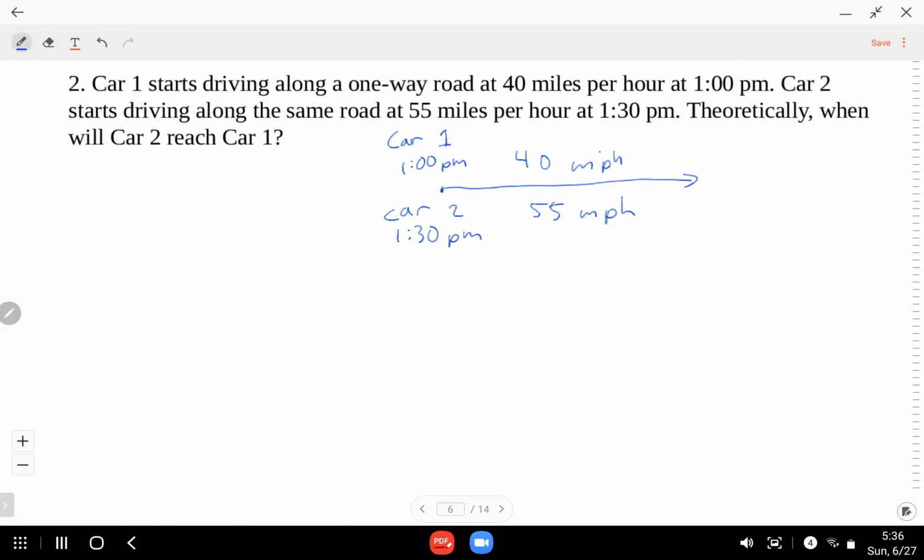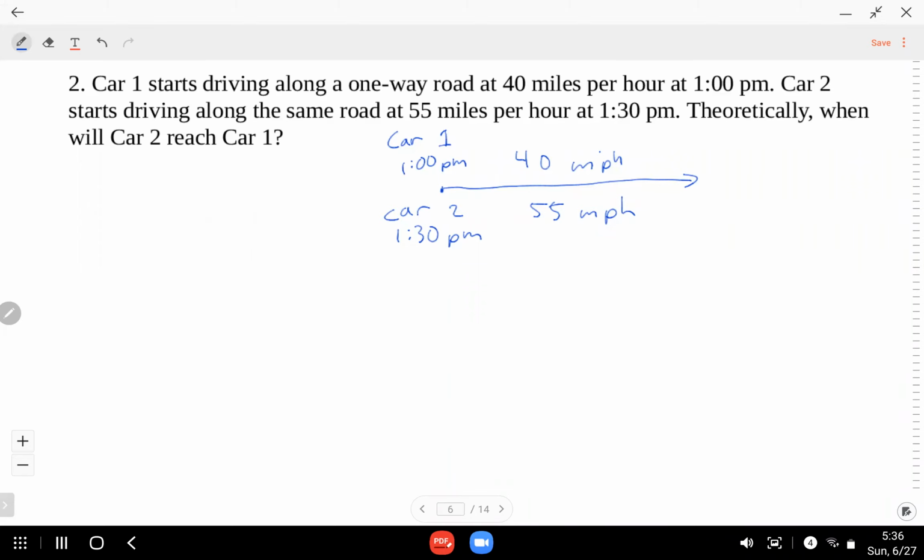So, basically, you have 2 cars, right? Okay. And then let's have x be the number of hours for car 2 to reach car 1.